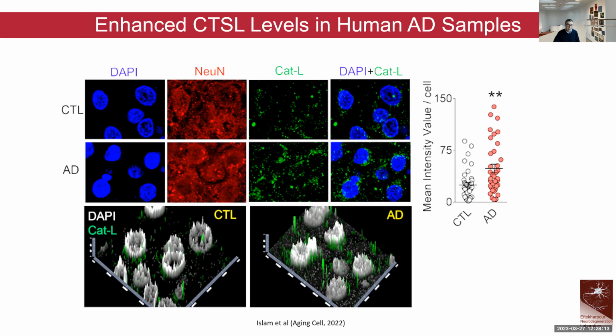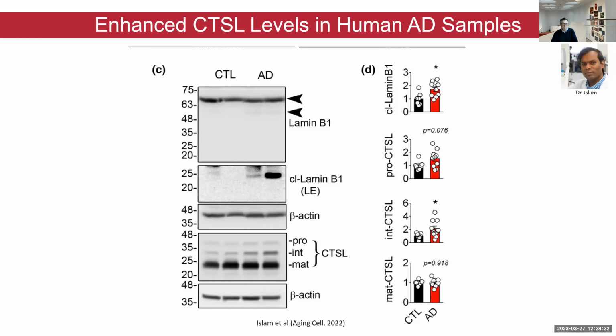So that's another thing, putting everything in a mechanistic link: thioredoxin depletion, then caspase-6 activation, nuclear lamina damage, and so on, towards the end, neuronal loss.